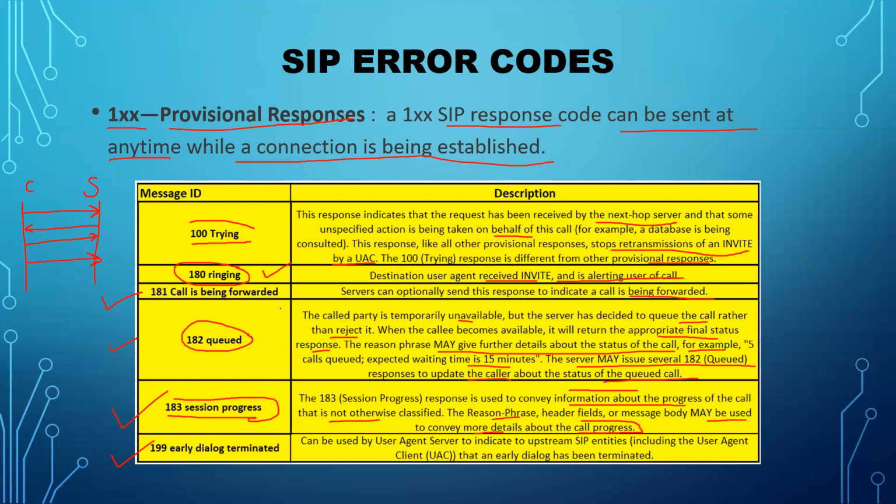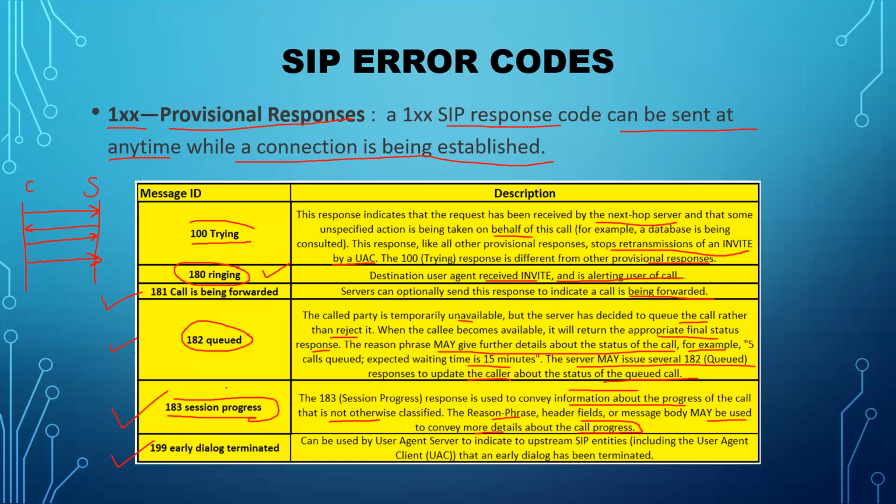In that case, you should be getting something, right? And that would be a 183 Session Progress because that is not a 180 Ringing. And you will get a 183 Session Progress with SDP messages. What does this SDP message mean? Your SDP will contain all the information.